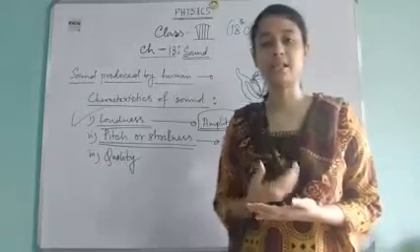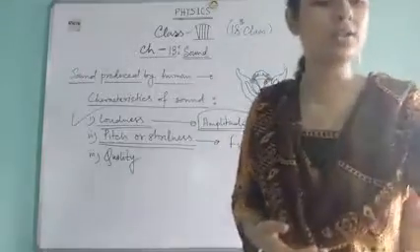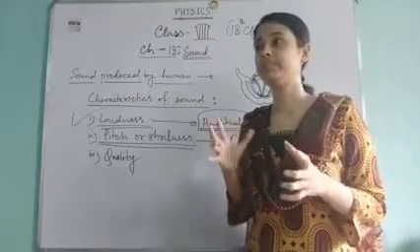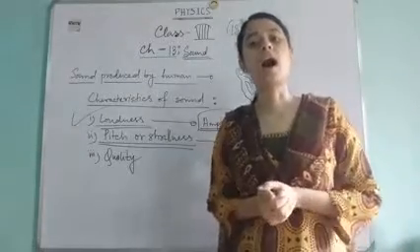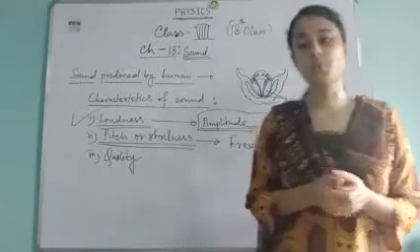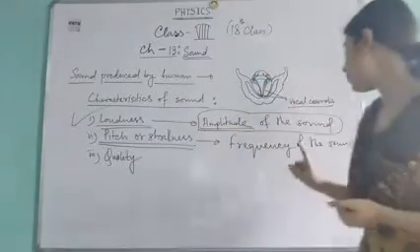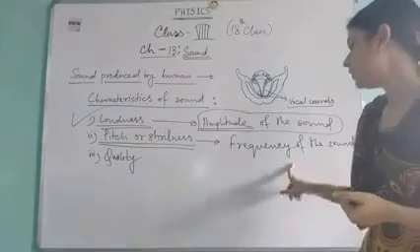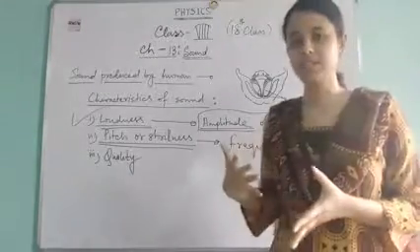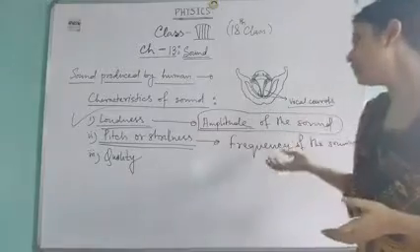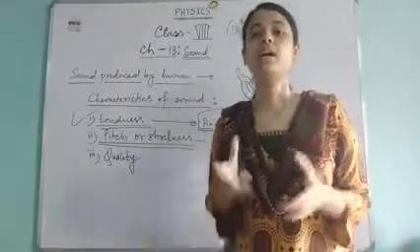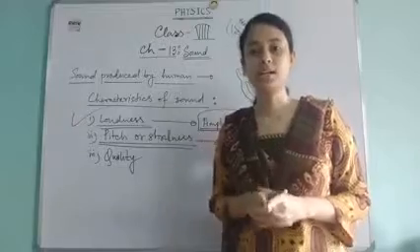Because its length is short, and also the tension is high in that compared to a long rope. So if the length of anything is very large, then we cannot achieve a very high frequency that we can achieve with an object of shorter length.